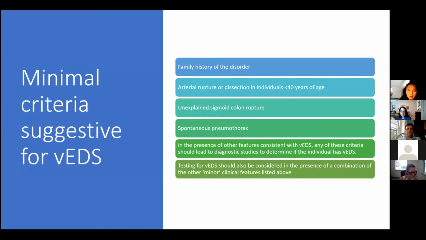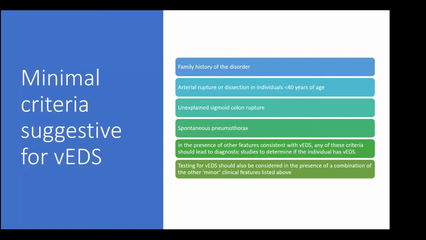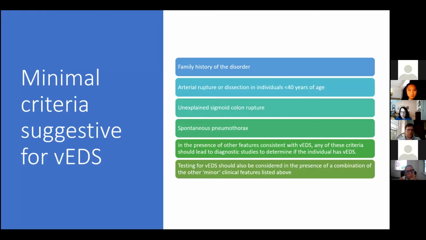So those minimal criteria are the family history of the disorder, arterial rupture or dissection in a person less than 40 years of age, an unexplained sigmoid colon rupture, spontaneous pneumothorax, and in the presence of other features consistent with vascular EDS, any of these criteria should lead to diagnostic studies to determine if the person has vascular EDS or not. And testing for vascular EDS should be considered in the presence of a combination of the other minor clinical features listed here.